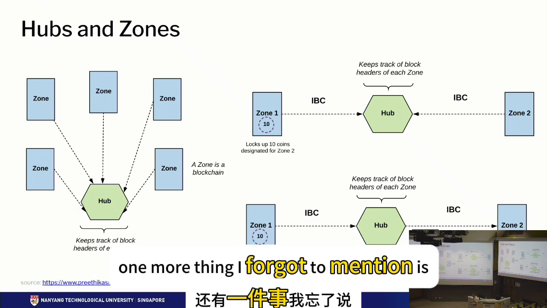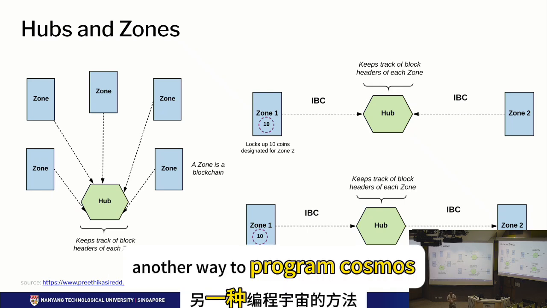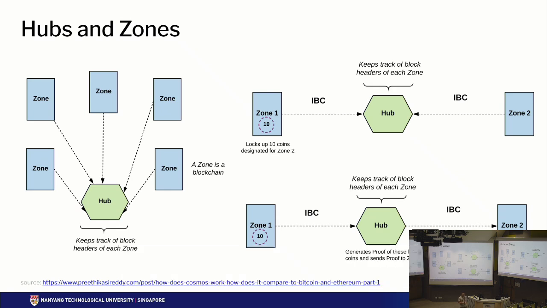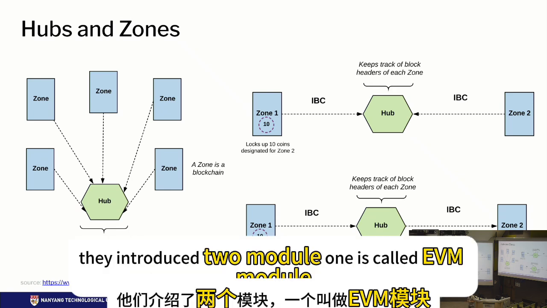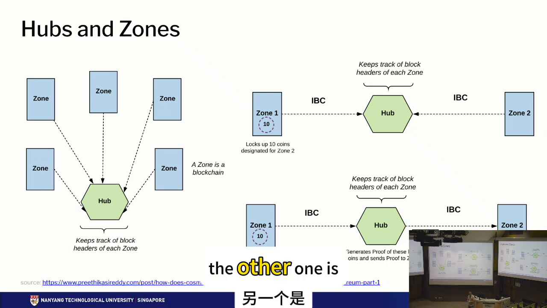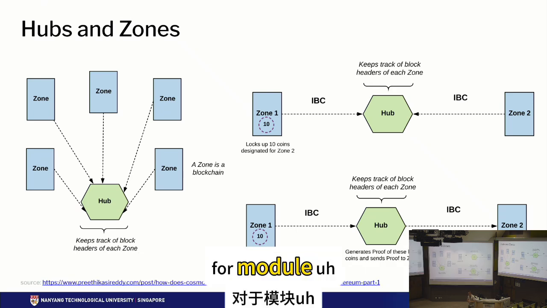So one more thing I forgot to mention is another way to program Cosmos: later on they introduced two modules. One is called the EVM module. The other one is CosmWasm. It's more like a WASM kind of architecture for the module.